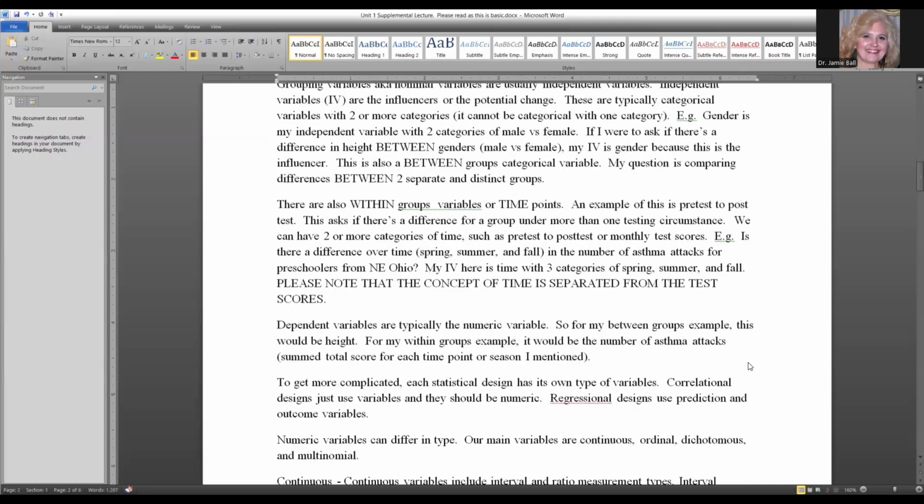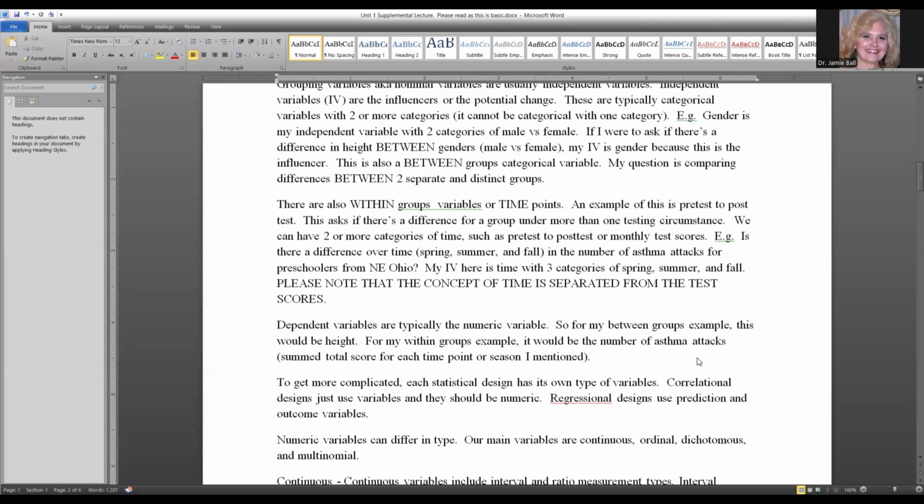Now, dependent variables are typically a numeric variable. There's usually some sort of score. So for my between groups example, the score here was height. Is there a difference between genders, male versus female, in height? Height is the dependent variable.